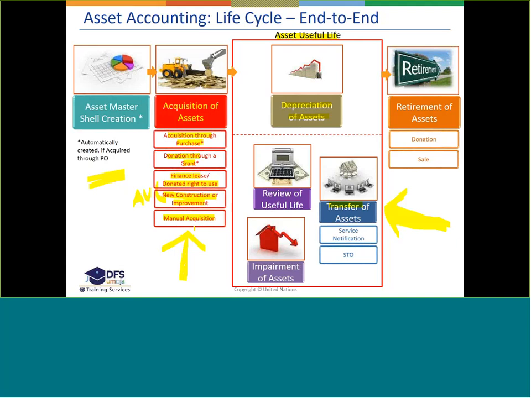So for manual adjustments, this is the main practical example. Manual acquisition would not be something that needs to be done, but it's a process that is used for scenarios where the asset master record is not in the system, but physically it's already there. For new acquisitions, of course, it should go through purchase or any other process, but normally you will have a purchase order.